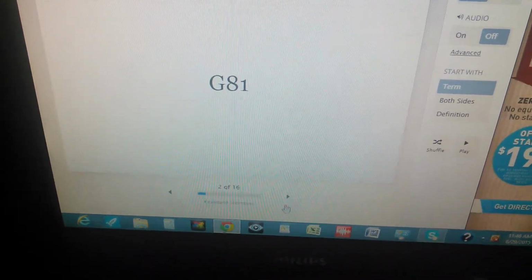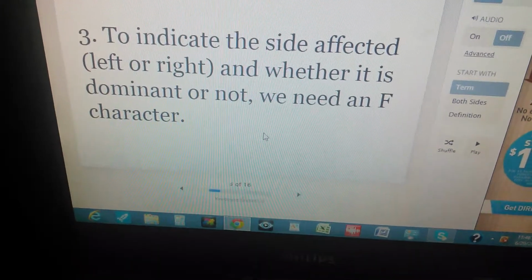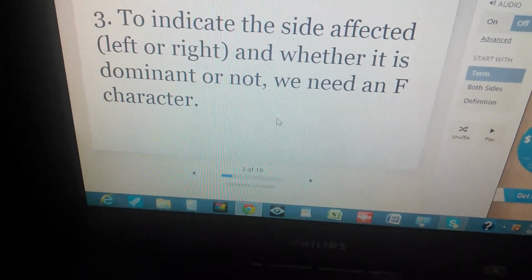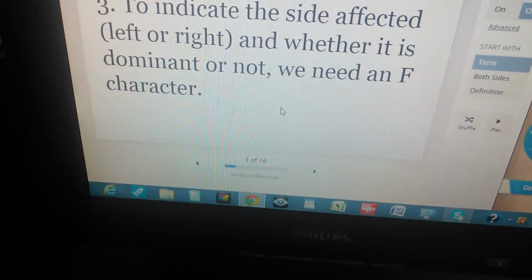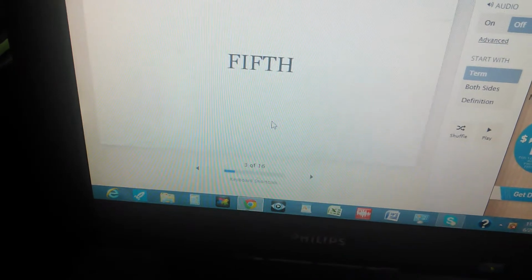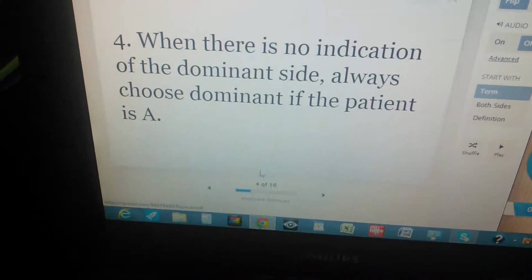G81. To indicate the side affected, left or right, and whether it is dominant or not, we need an F character. Fifth character. Okay, fifth. Next.